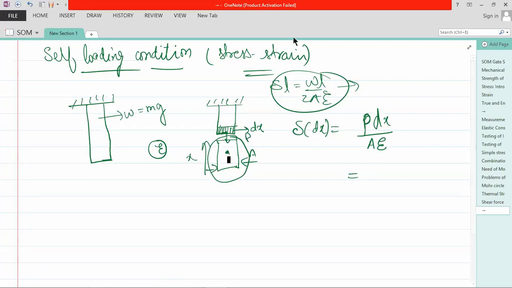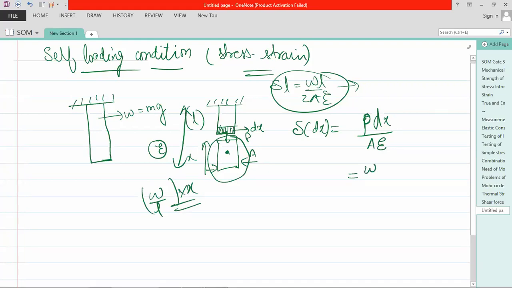But it will not be mg because I am taking an elemental strip. Suppose this whole length is L. So divide the whole weight by L and then multiply it with x. W by L is the weight per unit length.